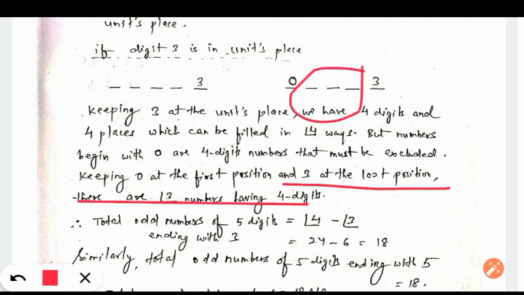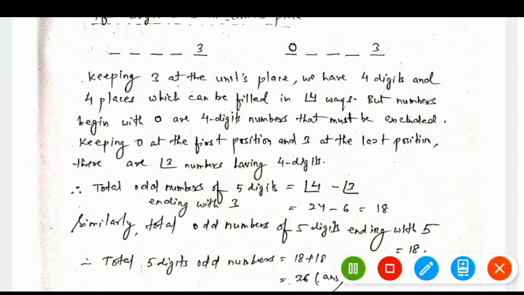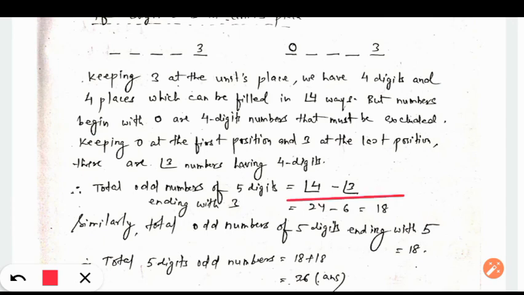That 3 factorial must be excluded from 4 factorial. Therefore the total odd numbers of 5 digits ending with 3 is 4 factorial minus 3 factorial. The value of 4 factorial is 24, of 3 factorial is 6, so I got 18.